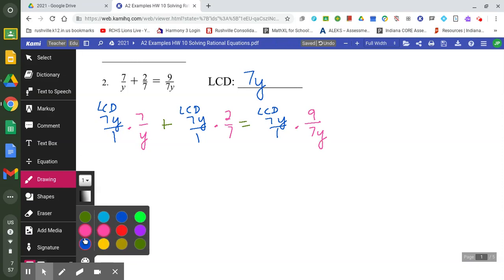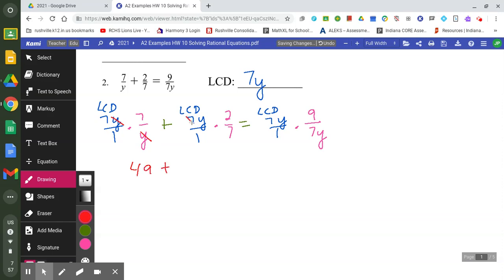So then I'm ready to do my canceling. This y and that y cancel. So now I have 7 times 7 is 49 plus, and then this 7 and that 7 cancel. So I've got y times 2, which would be 2y equals that 7y and that 7y cancel.